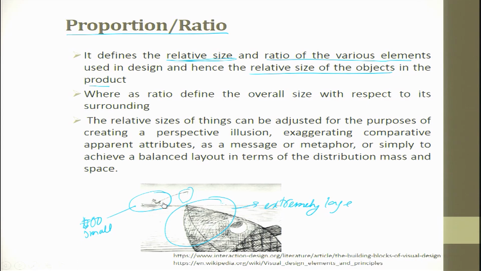the design, and hence the relative size of the objects in the product is maintained, whereas ratio defines the overall size with respect to the surrounding. So, this is a ratio.